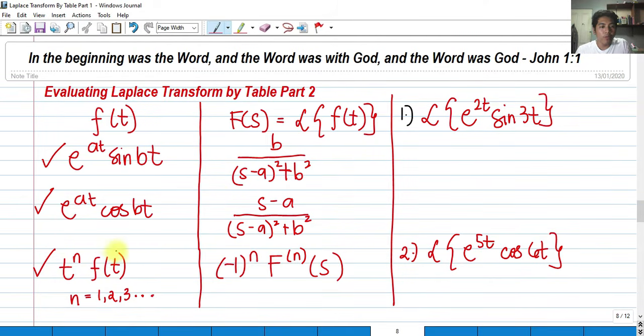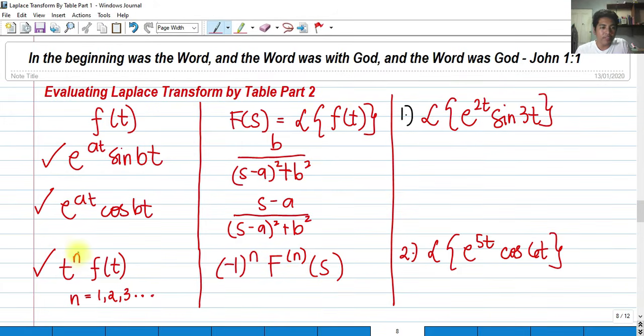So for this one, we have t raised to n, where n is a positive integer, multiplied by a certain f of t. This f of t can be a trigonometric function or a hyperbolic function. As long as it's f of t, its Laplace transform is given by negative 1 raised to n, whatever the value of n here, multiplied by the F of s, raised to n. This is actually the derivative.